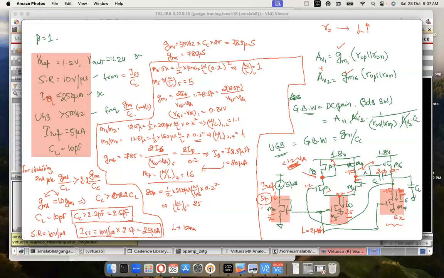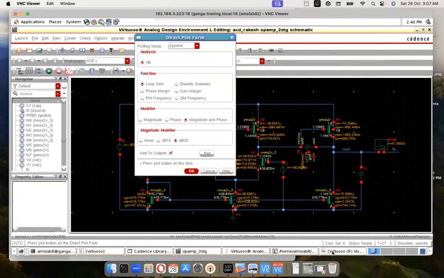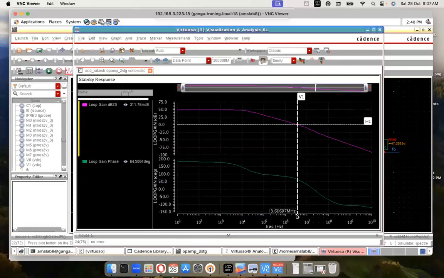Hence, it's obvious that your gain bandwidth product will also be reduced. And from the results, you're also seeing that it is reduced to 3.6 megahertz, while ideally it had to be somewhere around 5 megahertz. Right? Okay, that's okay. But this is what we have got. Let's try to identify the poles and zeros. Now, what is the phase margin that we have?